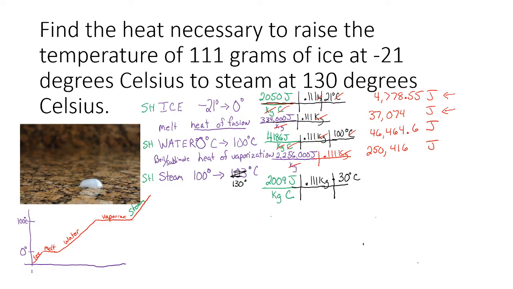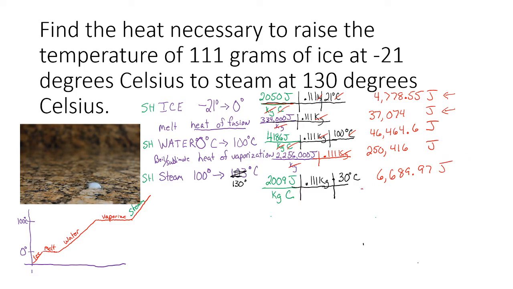So we're going to do 2009 times 0.111 times 30. 2009. That was back around the times I used to teach in a classroom. All right. And when we take that into consideration, it takes 6,689.97 joules to change the temperature of the steam.